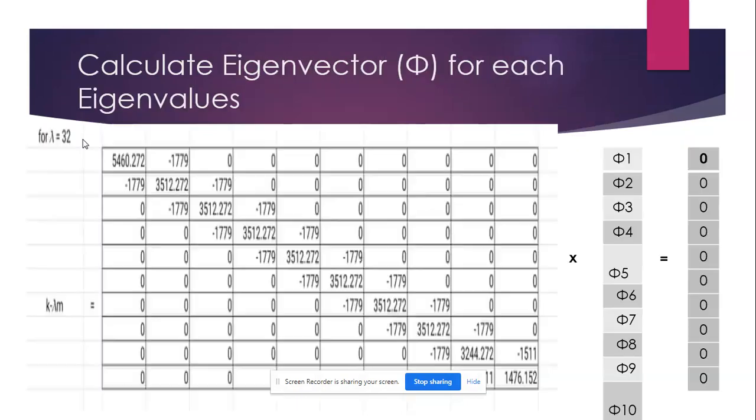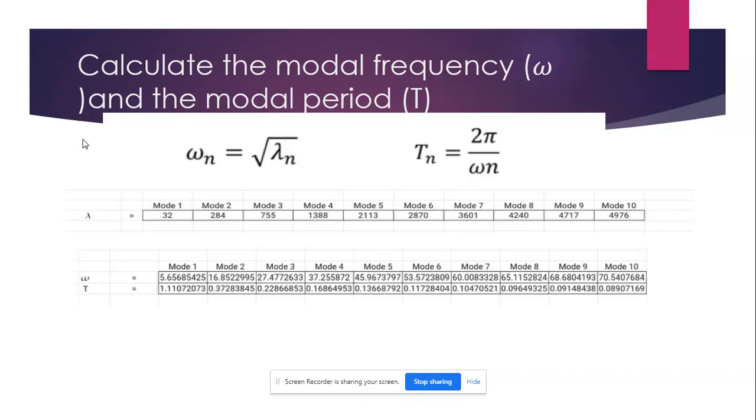Here are the eigenvalues. To solve the modal frequency, all you have to do is take the square root of every mode. So this is the modal frequency.